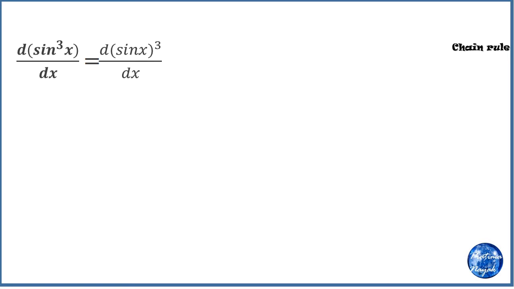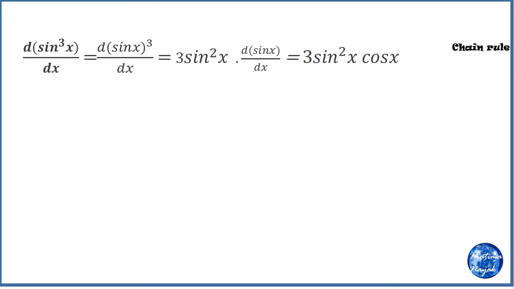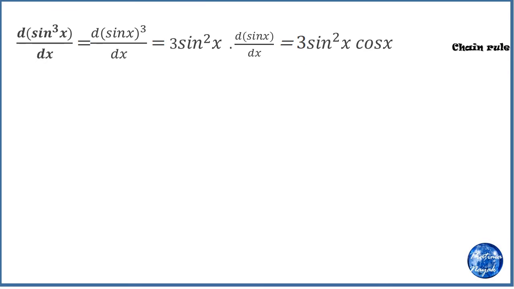So I'll write 3 sine square x first, and derivative of sine x will be multiplied. So it will be 3 sine square x into cos x. So this is the answer of this question.